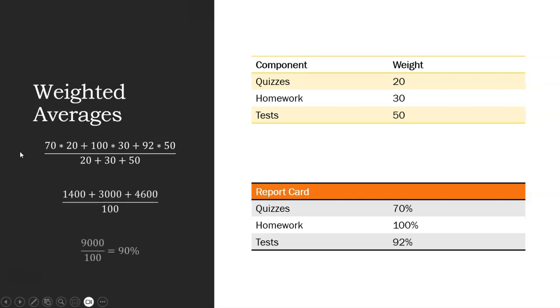You'll end up with 9,000 over 100 and find out that your grade for the class is a 90%.